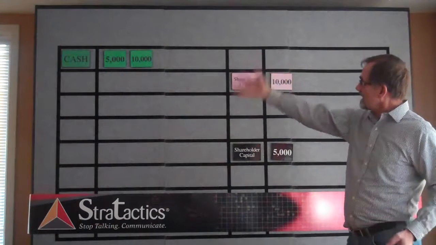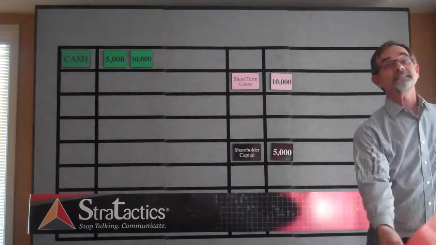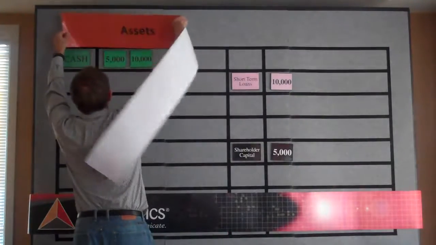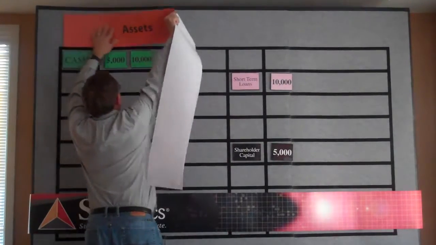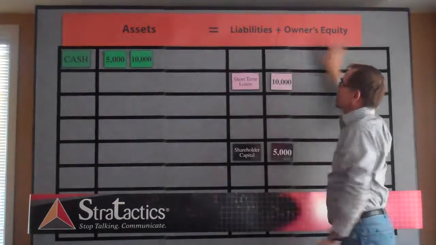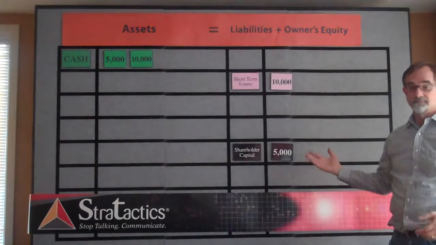Since the assets equal liability plus owner's equity, that's what's called the basic accounting equation. I'm going to put this little sign up here that expresses that equality. Think of this as the basic accounting equation, or the basic structure of the balance sheet.